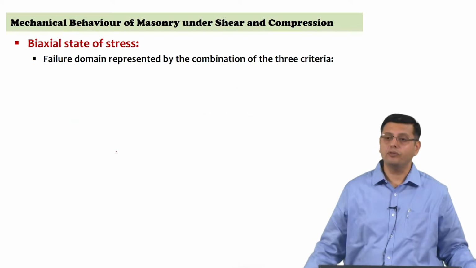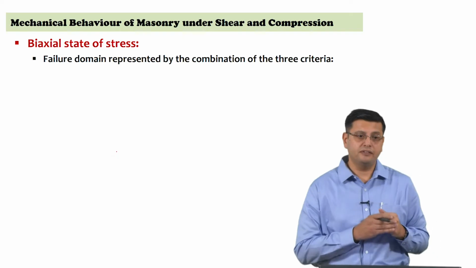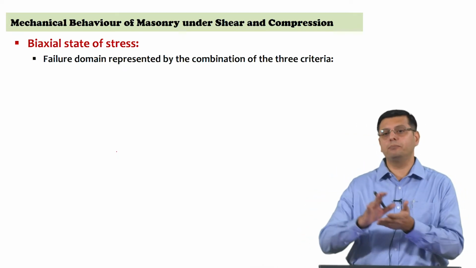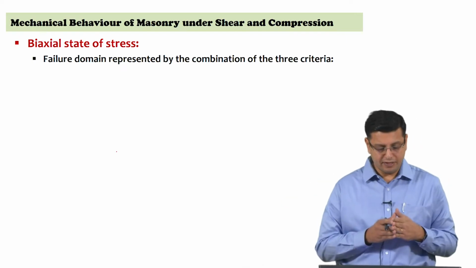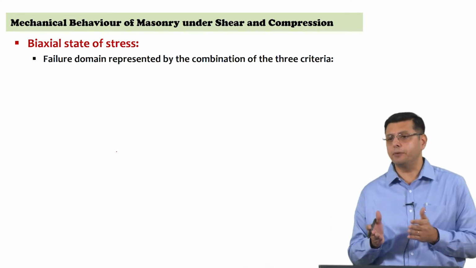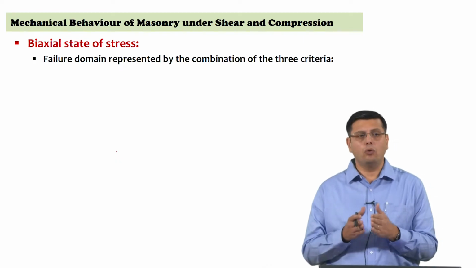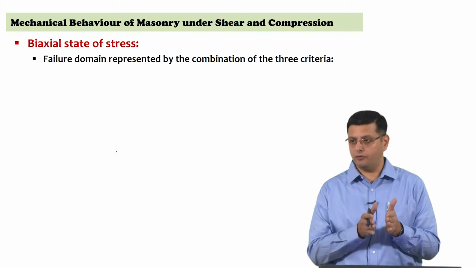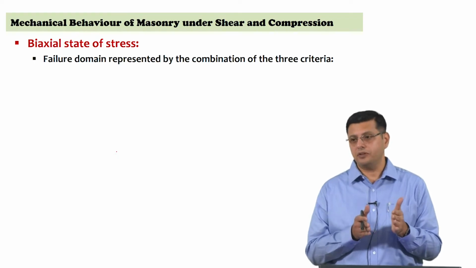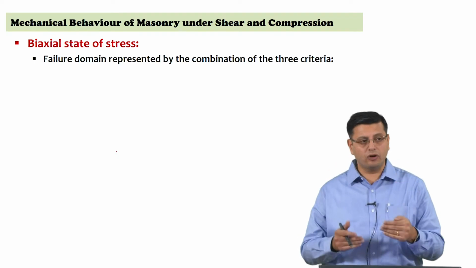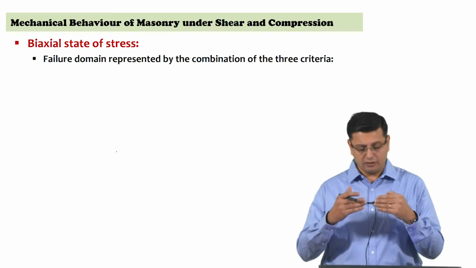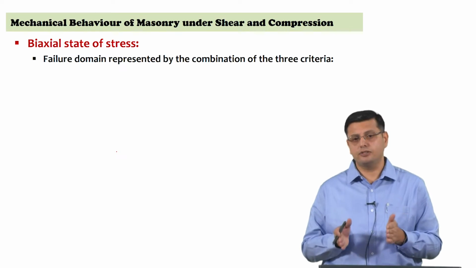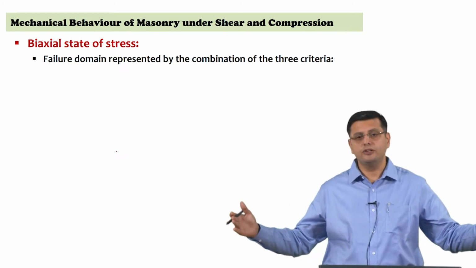Okay. Therefore, now we have looked at three different ranges. We had low precompression, intermediate precompression, and high precompression levels. Now you can expect a high precompression level, let us say, if the wall is not a very squat wall, if you have a relatively slender wall, then the area of cross section available for equilibrating the lateral forces and the gravity force is smaller in comparison to a squat wall.